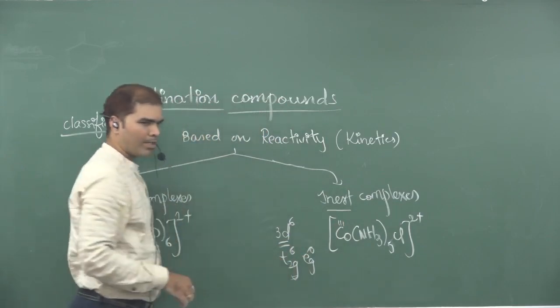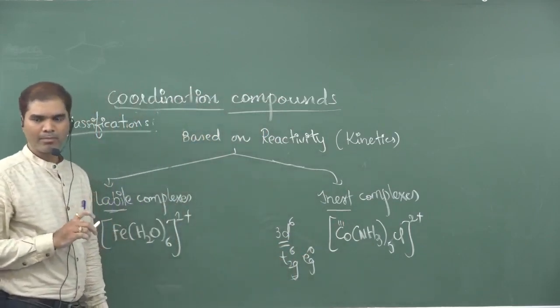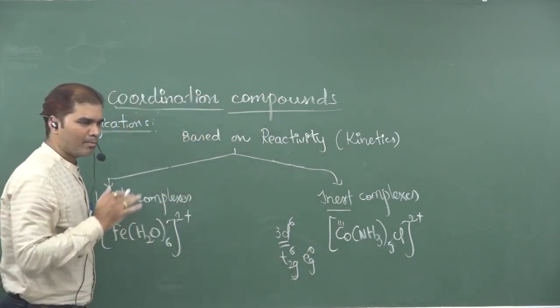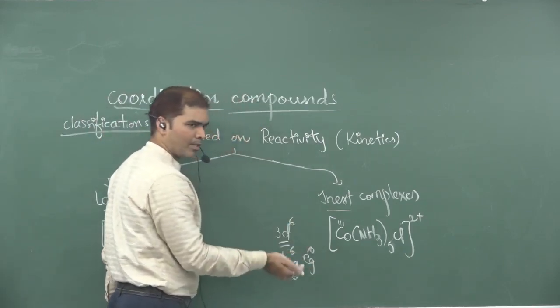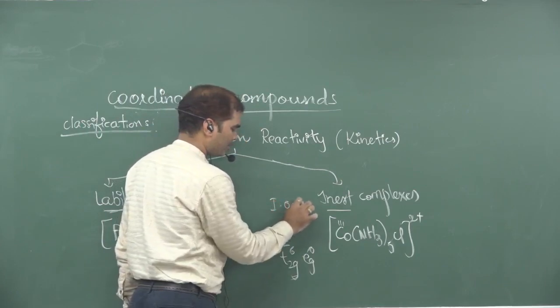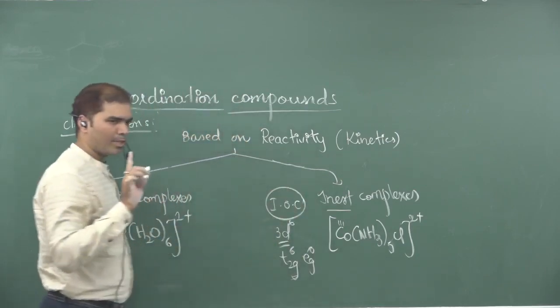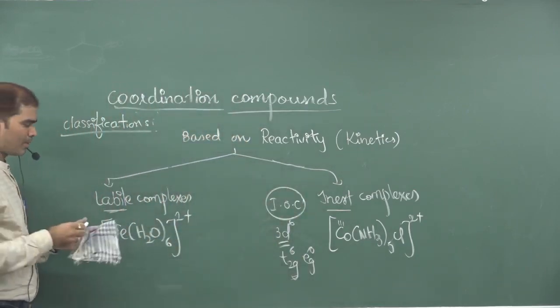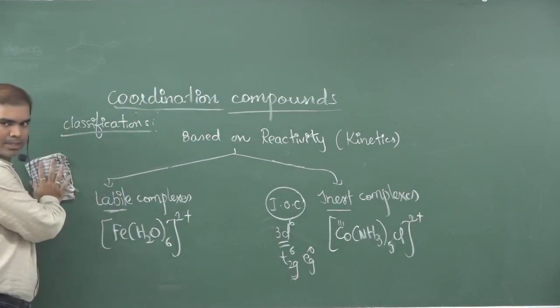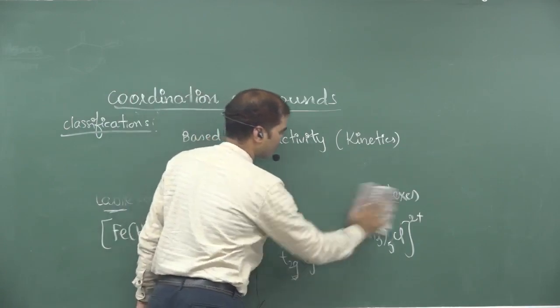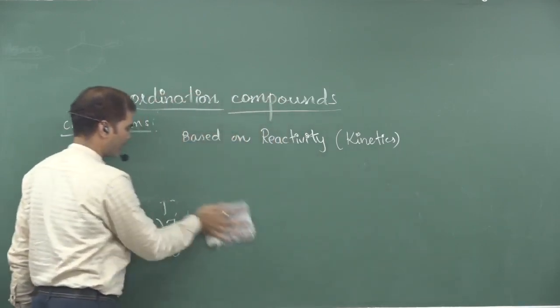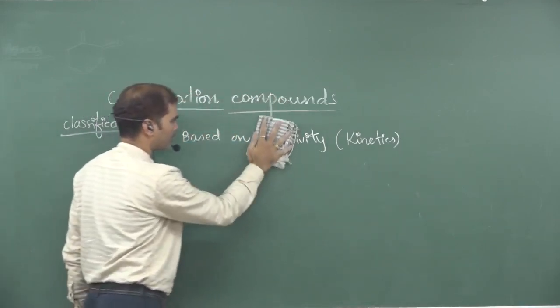It is an inner orbital complex. So an inner orbital complex could be labile or inert, but only d0, d1, d2 are labile. Any remaining configuration which is inner orbital complex is inert. Details will come across in reaction mechanism, so don't bother. Finish this classification. This is based on reactivity.